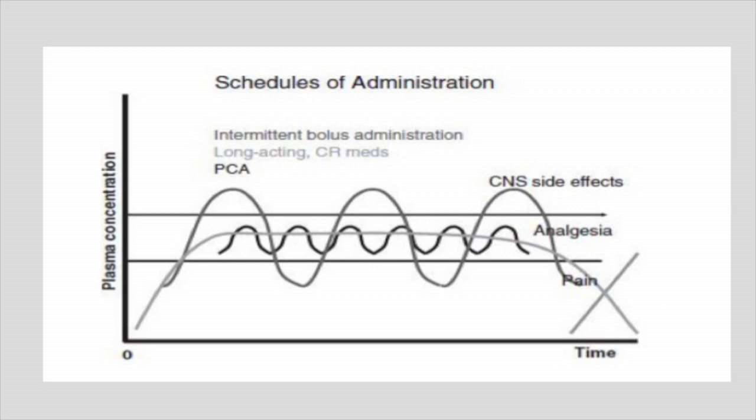So this black circle here is what they call patient-controlled analgesia, where the patient feels the pain and takes their medication. If the patient is the one controlling their analgesia, they're usually able to stay within that nice therapeutic window much better than if the health worker or someone else is giving the medication. Because, like they say, pain is what the patient says it is. So you cannot determine and say they're in pain or they're not in pain.